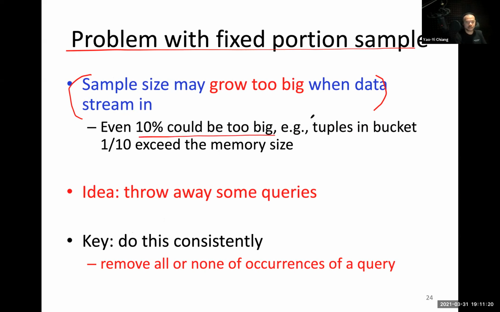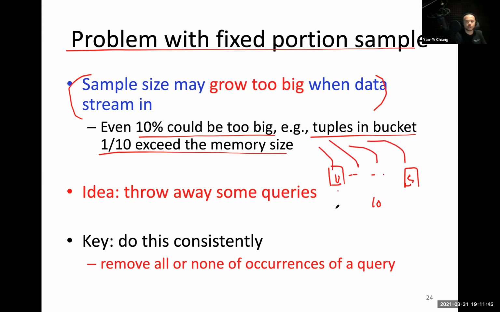For example, if you just sample the department ID or user ID, the tuples in your bucket 0 could be larger than your memory size, right? Bucket 0 to bucket 9, because you have 10 buckets. You take the user ID, you hash them, and everyone who comes into 0, you are going to keep as your sample.